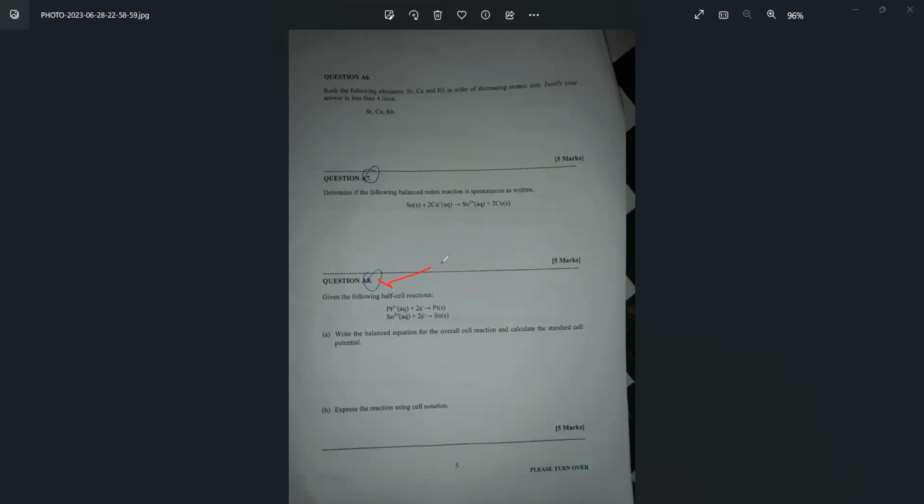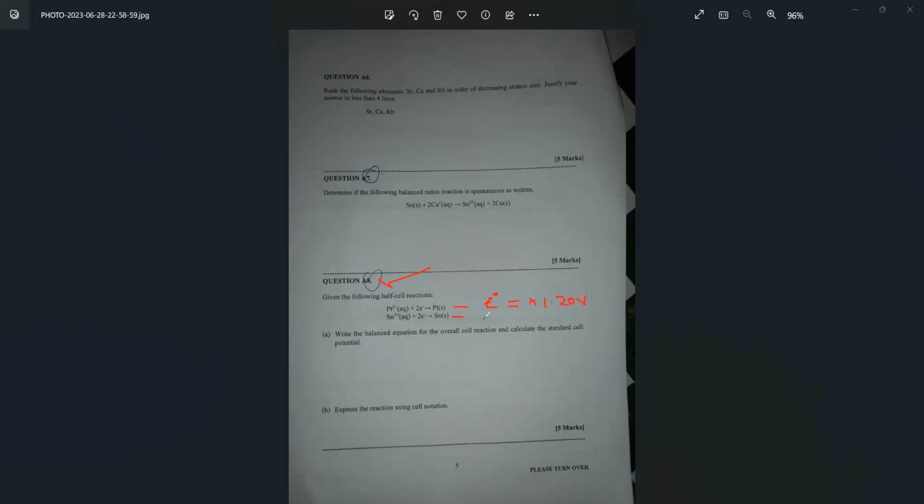So the only data that we need to gather on this question is the cell potential for each half reaction. If you take note, we don't have that in the data sheet here. First thing first, the E for the first reaction is positive 1.20 V, which is voltage.